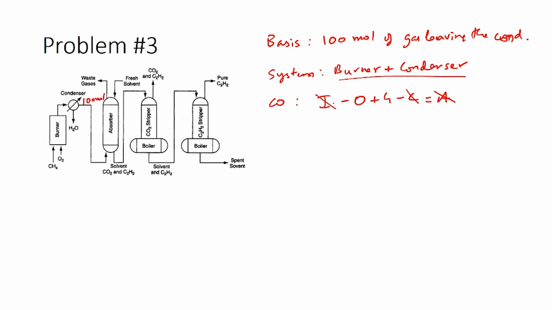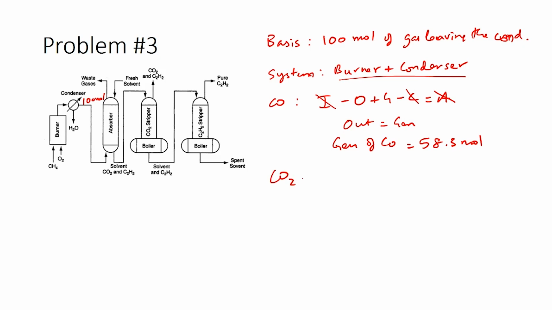So, your output is equal to generation. We know that the composition of the stream has 58.3% CO, so the output contains 58.3 moles of carbon monoxide. So, generation of carbon monoxide would be 58.3 moles.